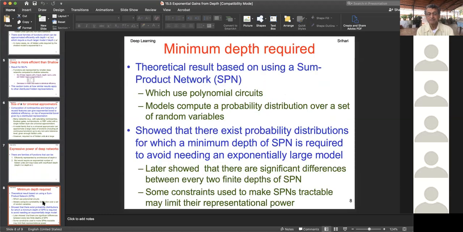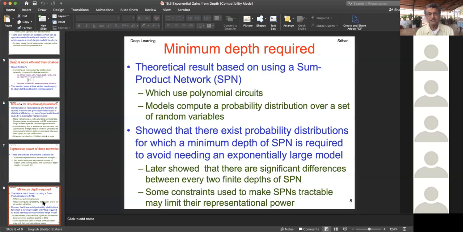What about minimum depth required? All of this is invoking theoretical work here, but these become useful to have an idea. We can say experimentally, I'm going to use 3 layers, 4 layers, 5 layers, whatever the computational power you have.